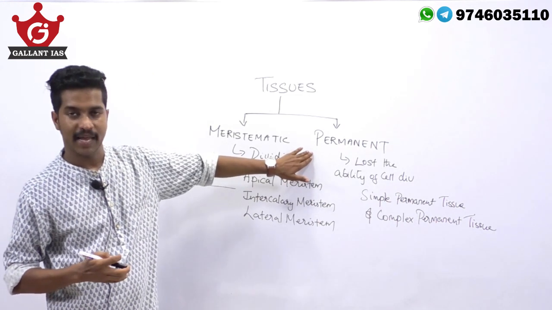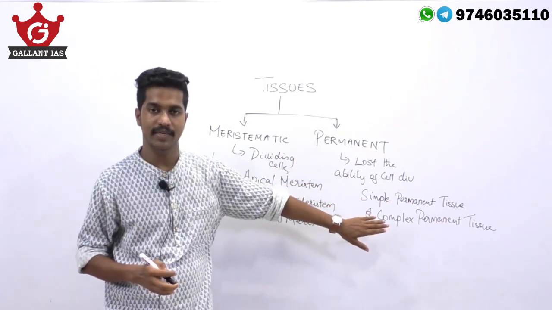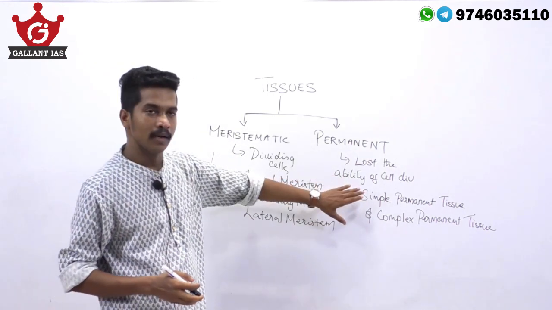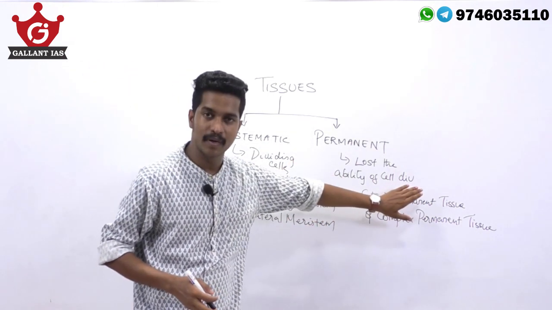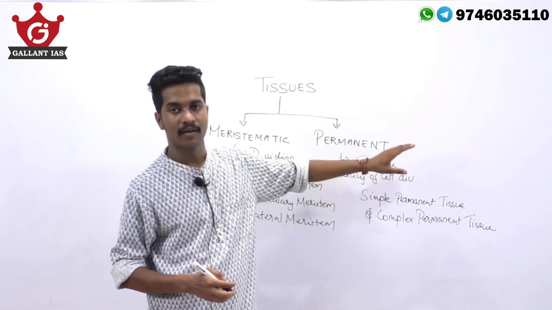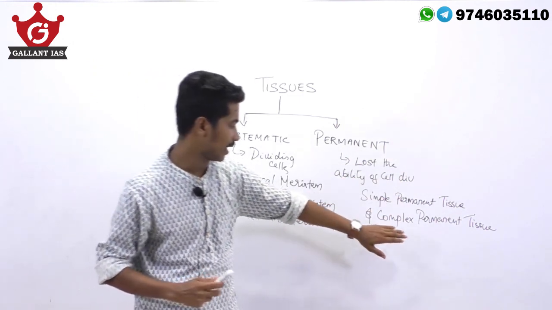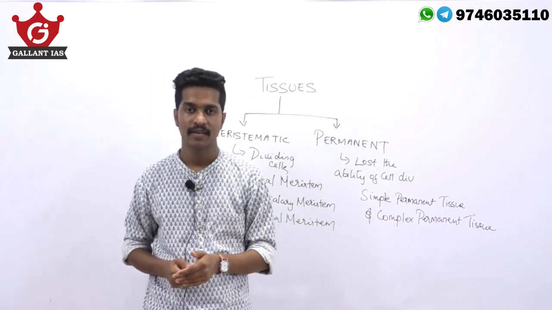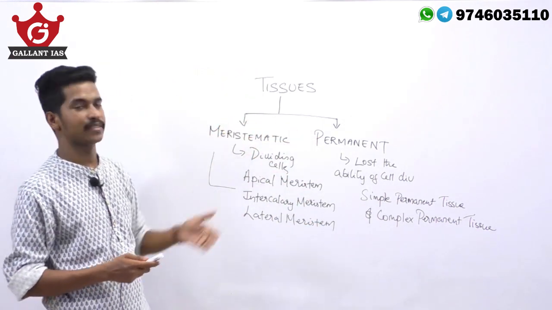Under simple permanent tissue, we have parenchyma, collenchyma and sclerenchyma. And under complex permanent tissue, we have xylem and phloem. We will discuss all this in detail.